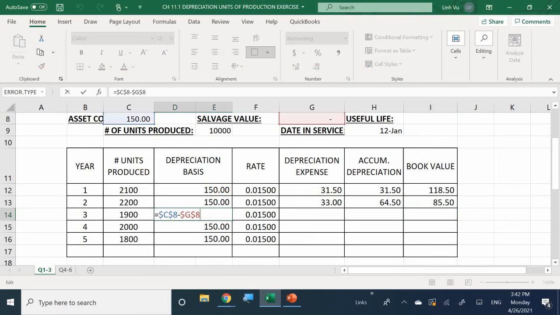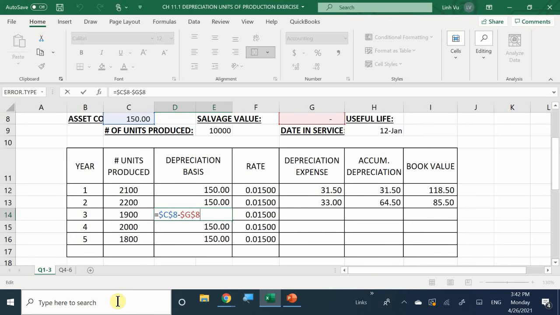If you don't add these absolute values, which in this case are the dollar signs, what happens is that you're going to be continuing a relative cell reference, meaning it's always going to pick up the cell below it, below it, below it.